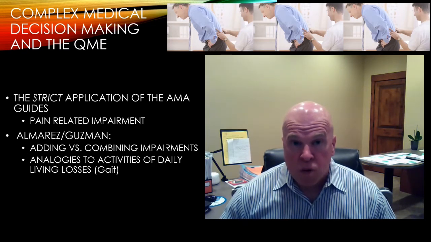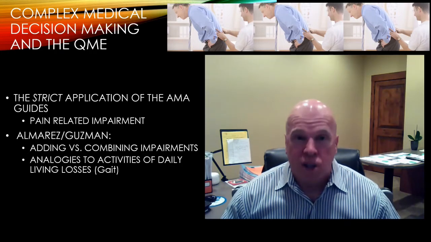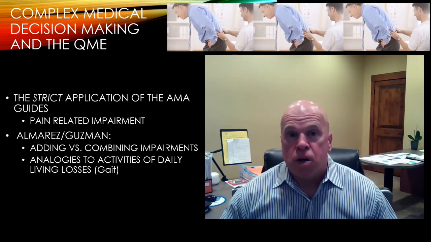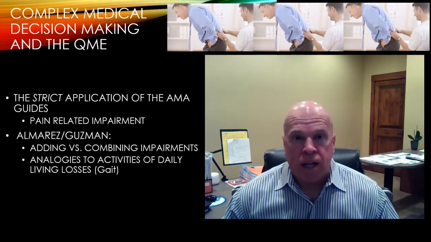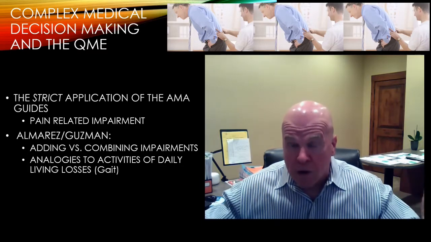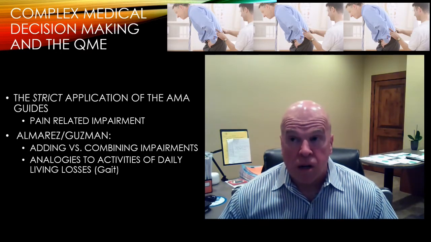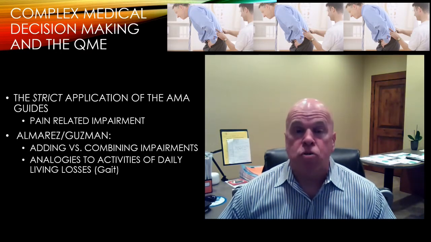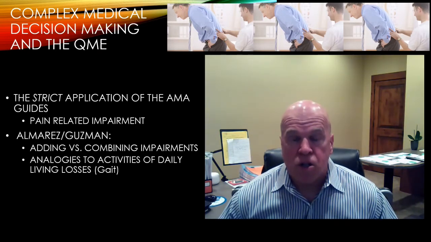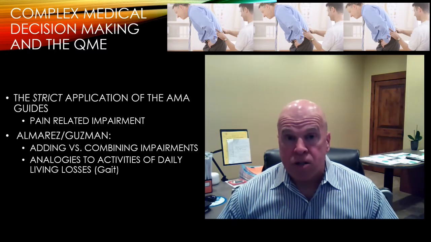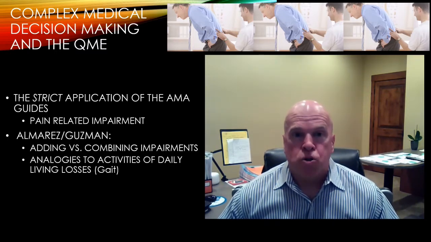Now, our job as qualified medical evaluators is to provide the rating from among the potential options available to us, is to provide the rating that's the most accurate rating. That's the key phrase, is most accurate. So our obligation as qualified medical evaluators is to consider the entire range, the entire spectrum of possible impairment ratings that describe our examinee's condition, and to select from that list the rating that is the most accurate description of their true impairment.